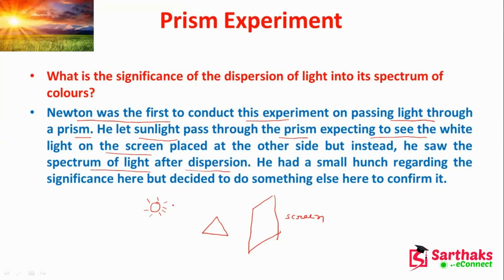He regulated the sunlight so that one spot would be incident on the prism. On the screen he was supposed to see white light, but he noticed one very interesting thing: he saw the spectrum of light after the dispersion. He had a small hunch regarding the significance, but decided to do something else to confirm it.